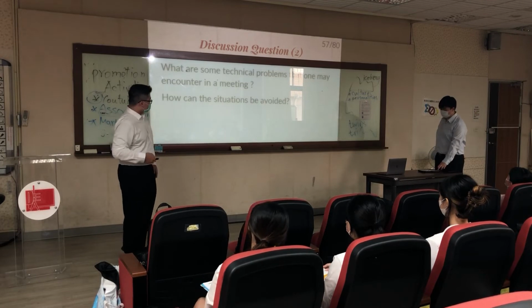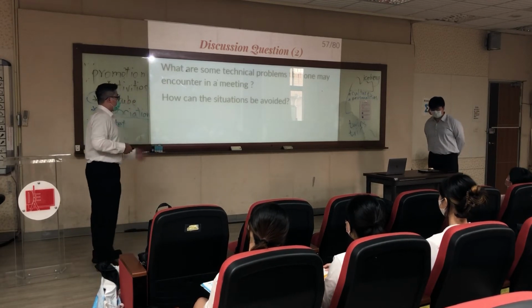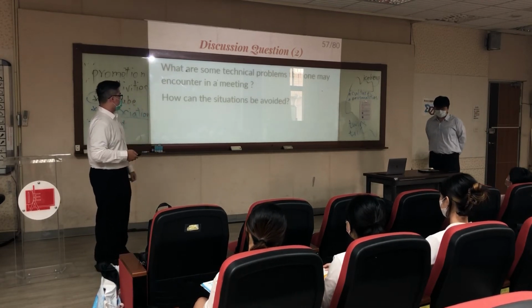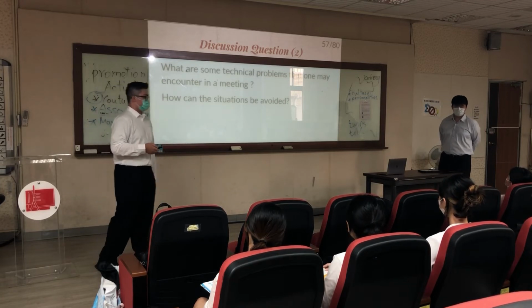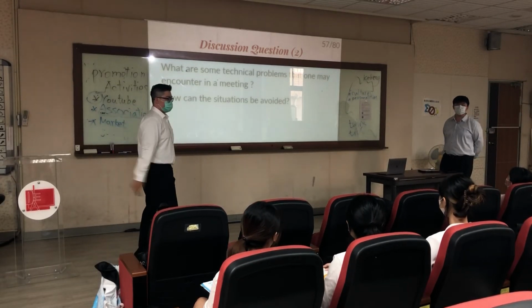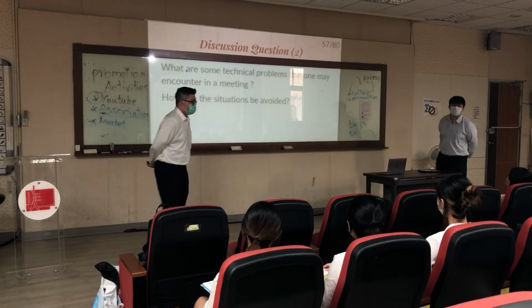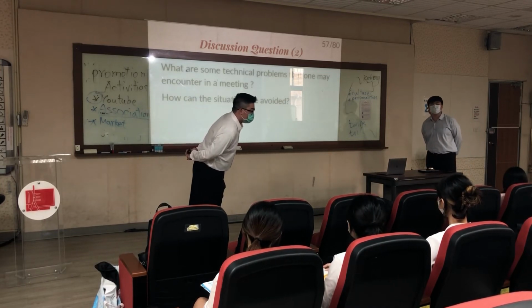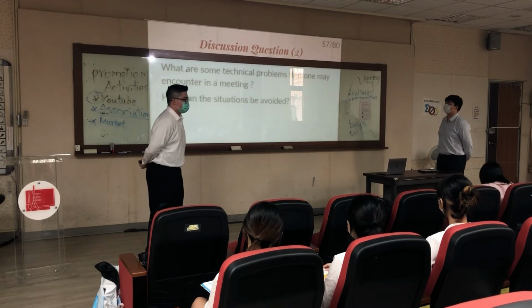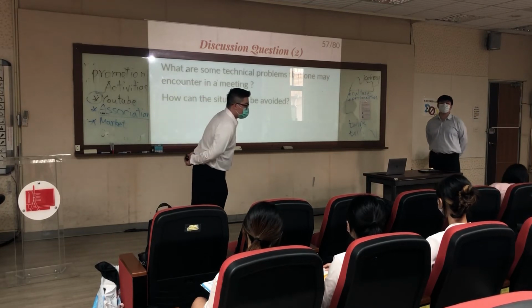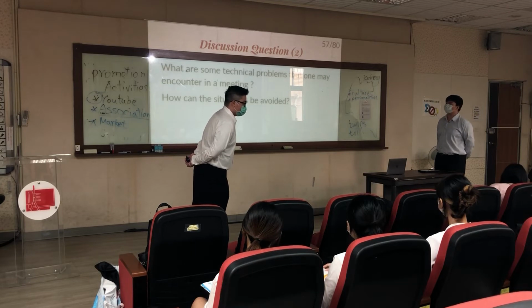So question 2. What are some technical problems that one may encounter in a meeting? And how can the situation be avoided? When you need to record your meeting, you might have to set up in advance.